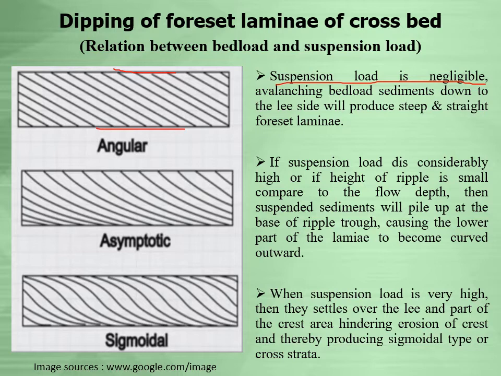Second case, when there is an ample amount of suspension deposition. So initially this is my foreset orientation. If I draw a ripple, my ripple mark will be like that. This stoss side is eroded, so no question of bothering about the stoss side. Now in the lee side, this is my foreset portion.